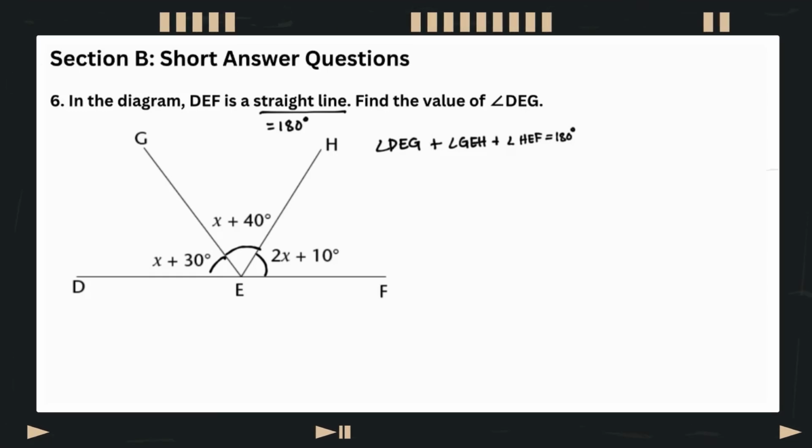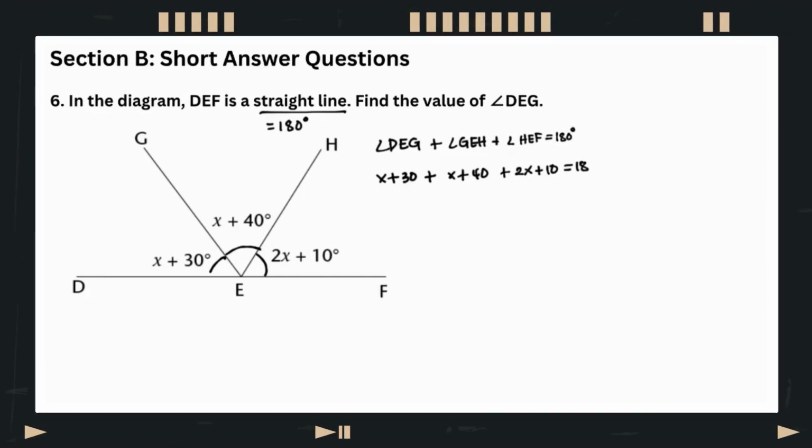Now angle DEG is x plus 30, plus x plus 40, plus 2x plus 10 is equal to 180. Now combining like terms, x plus x plus 2x will give us 4x.